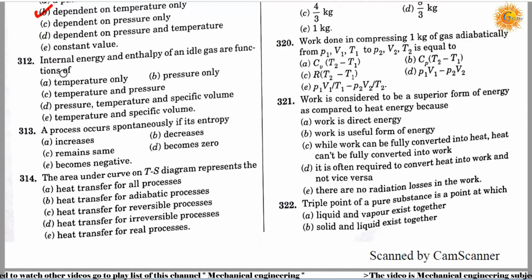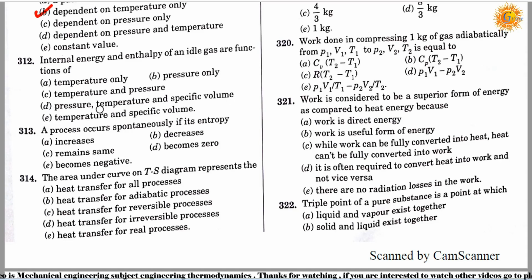Question number 312. Internal energy and enthalpy of an ideal gas are functions of option A, temperature only, option B, pressure only, option C, temperature and pressure, option D, pressure, temperature and specific volume, option E, temperature and specific volume.